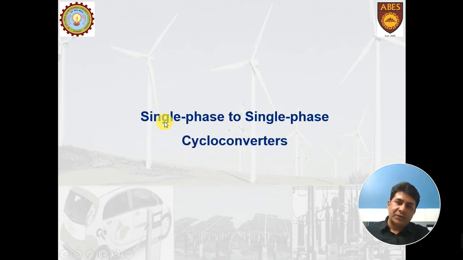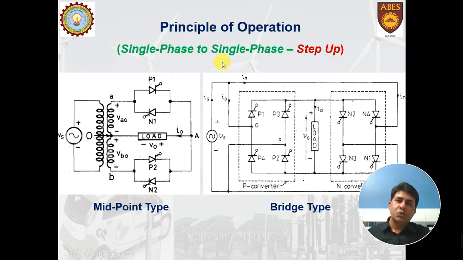Let's first start with the single phase to single phase cycloconverters. In single phase to single phase, we may have the step up operation or we may have the step down operation. Now these are the two circuits which can be used. One is a midpoint construction, another is a bridge type construction.